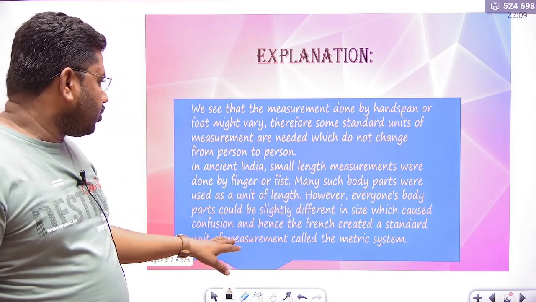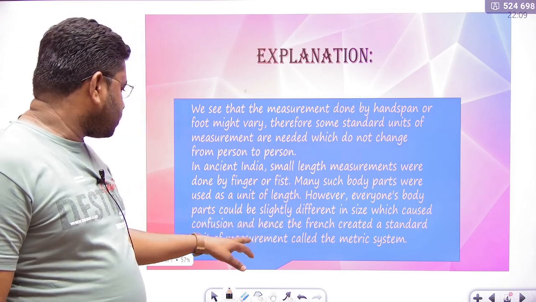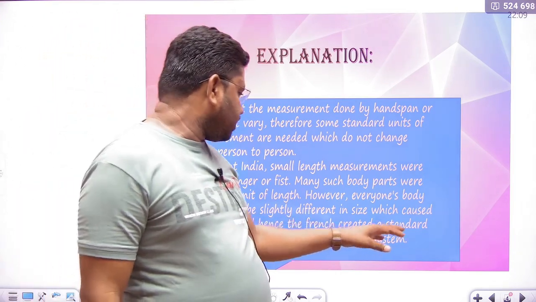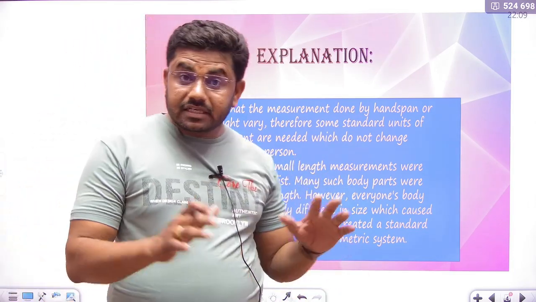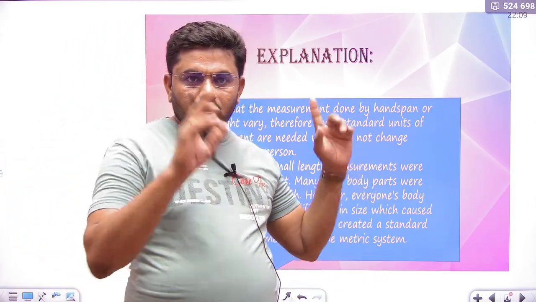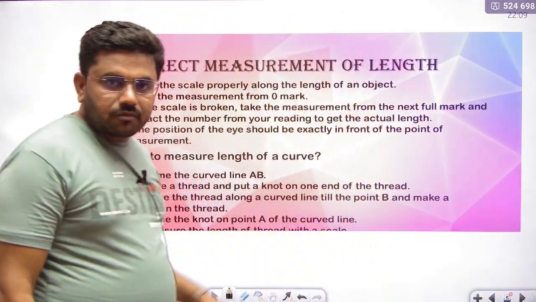However, everyone's body parts could be slightly different in size, which caused confusion, and hence the French created the standard unit, the measurement called the metric system, which has been used all over the world, and that was the first invention of a standard unit.